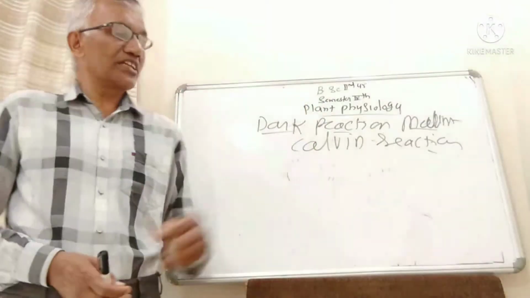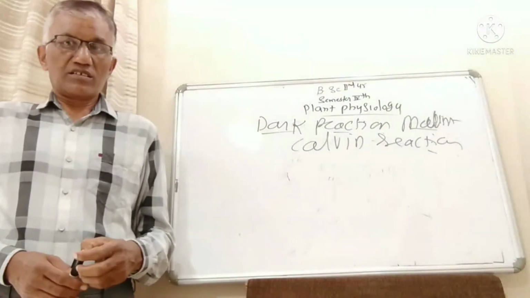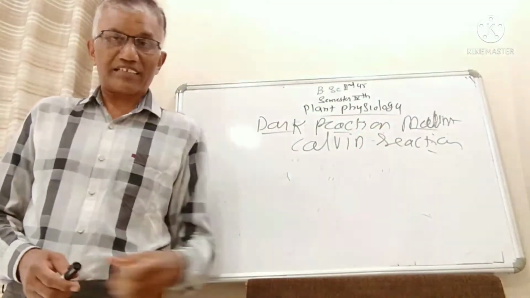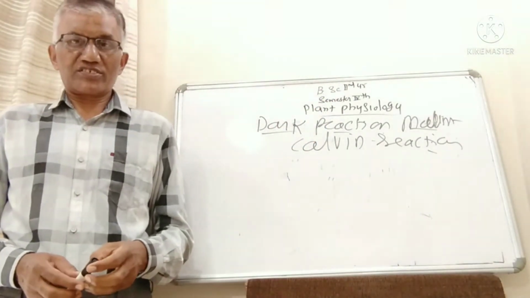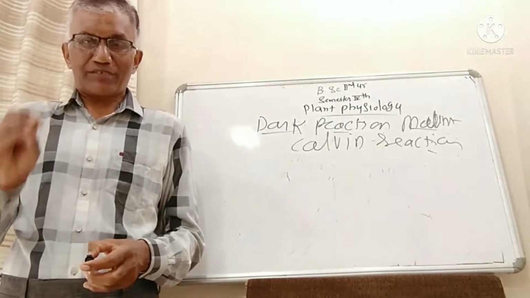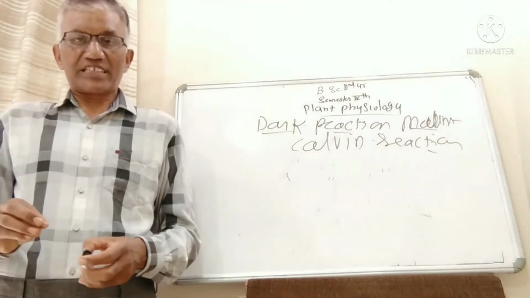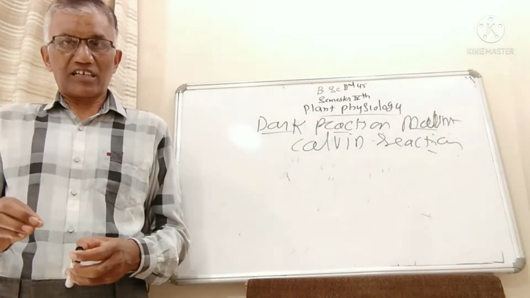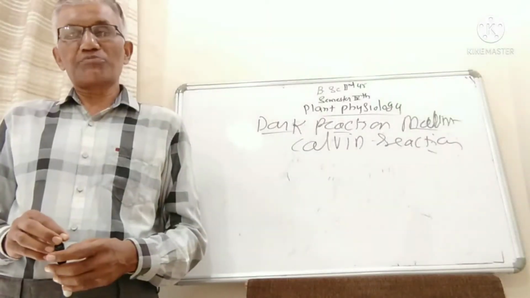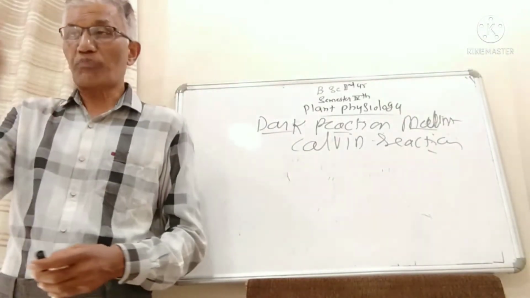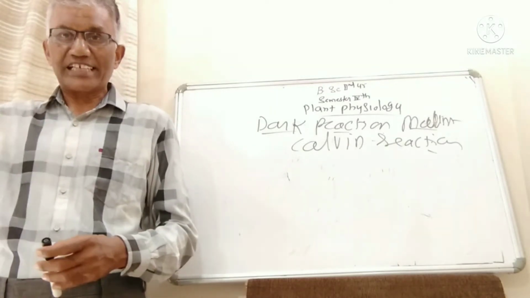So why is it called Melvin Calvin cycle? The systematic, stepwise reactions of how carbon dioxide fixation takes place using raw materials, that is carbon dioxide, water, and energy-rich molecules ATP and NADPH2. What are the different pathways? What are the different reactions?